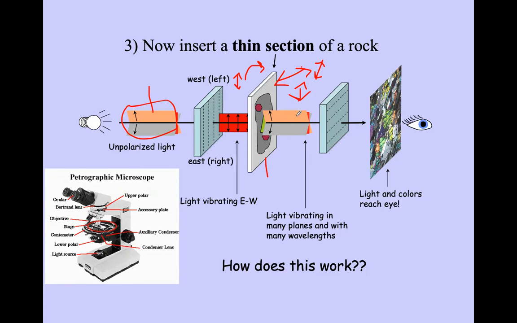But anyway, it will have multiple vibration directions, and out of those, only the direction which is parallel to the upper polarizer's vibration direction, that means this direction, right? That light will come out from the second polarizer and enter your eye.